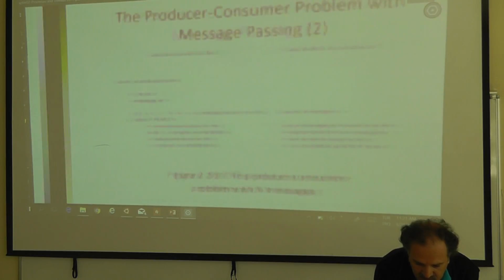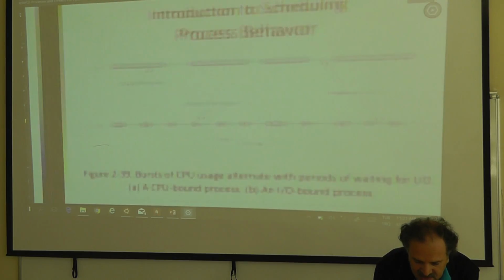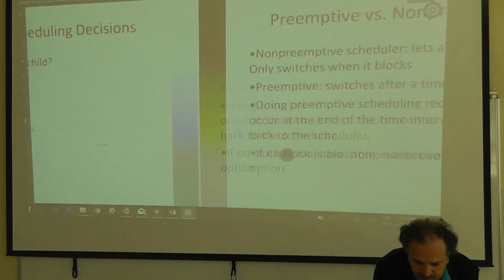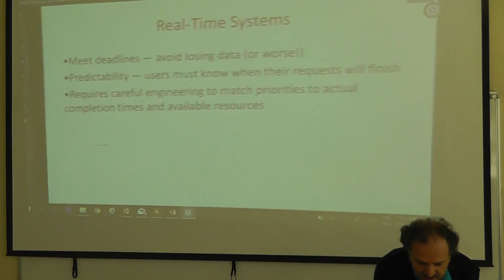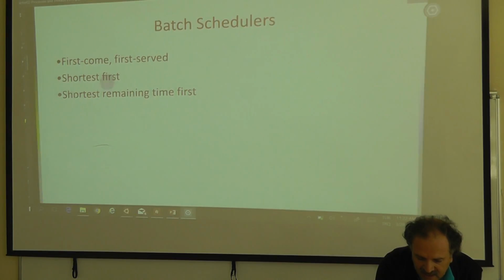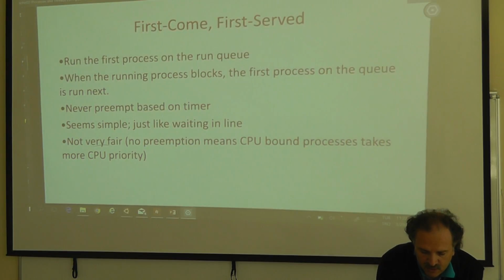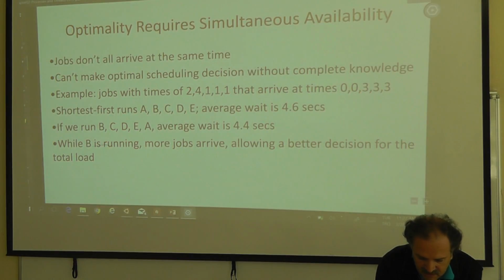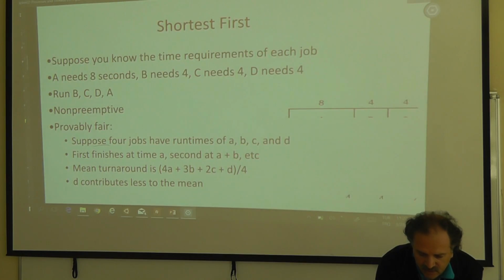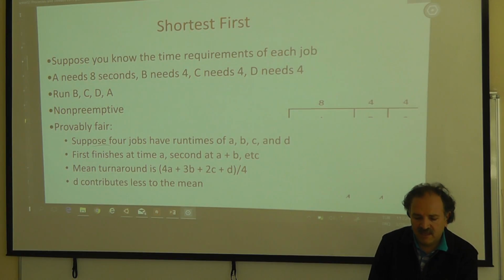Remember in the batch processing scheduling algorithms, we said we have three of them. The second one was the shortest job first, which chose the shortest job first, then the second one, then the third one.